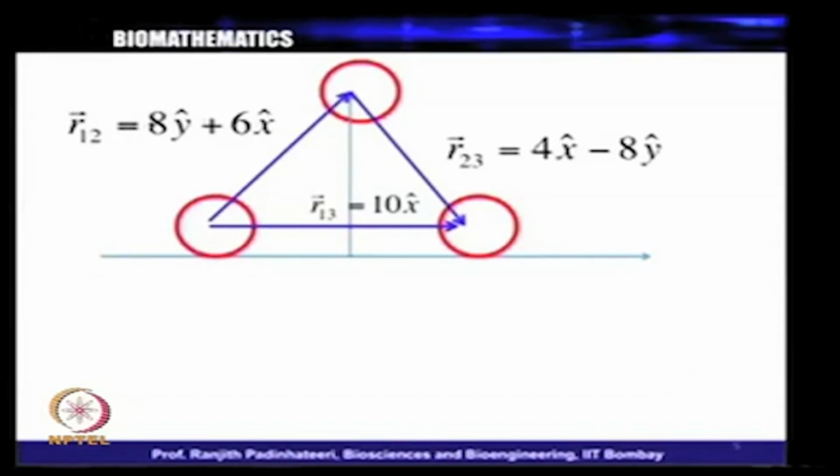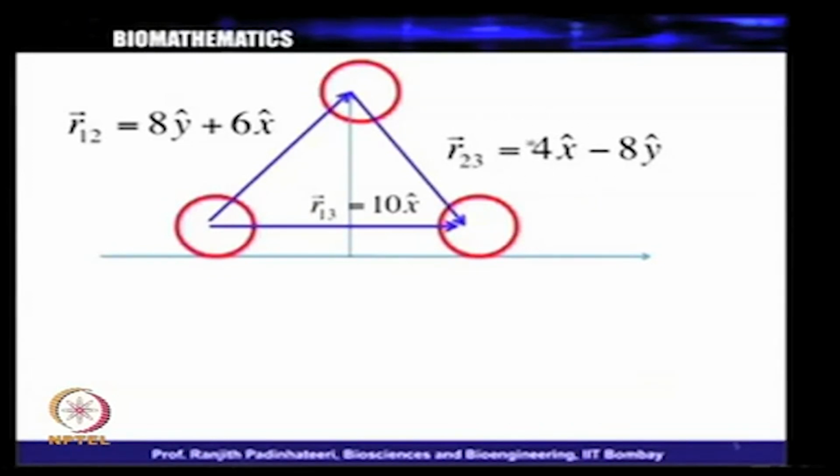Which way you have to move to get from the first charge to the second charge, and how much you have to move, that is what it is. And R23 is from the second charge to the third charge: which way you have to move and how much you have to move is coded into this vector R23.